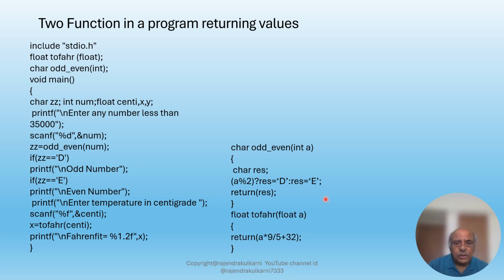Similarly, we have written a 2far function. In this function, we have not declared any variable. A return statement is having an a into 9 by 5 plus 32 expression.